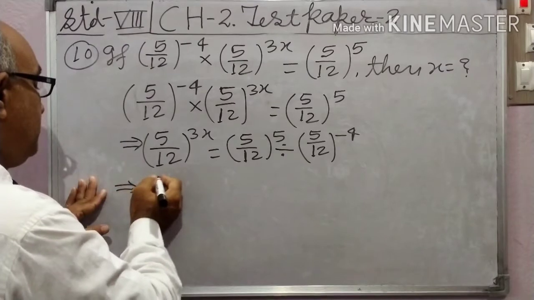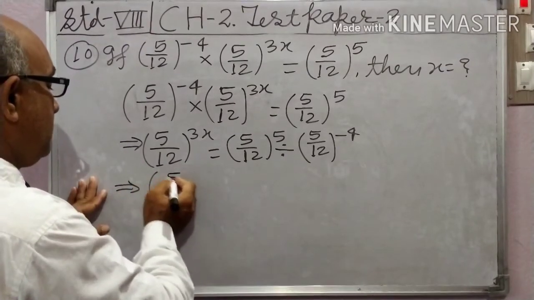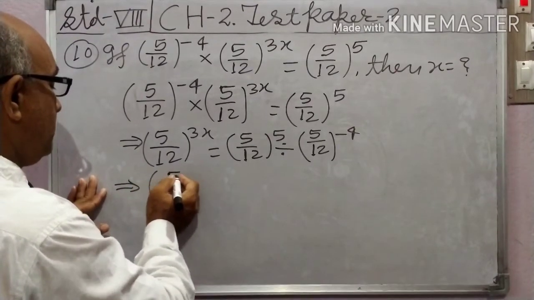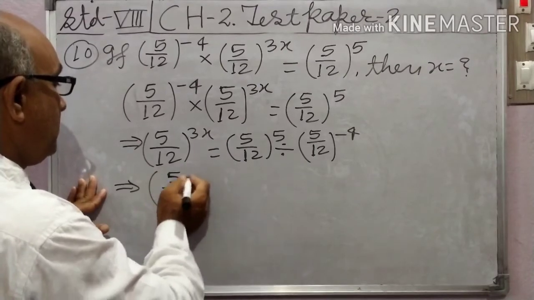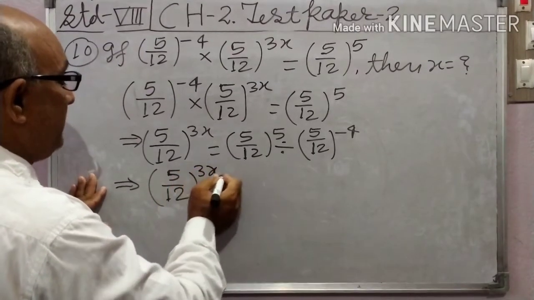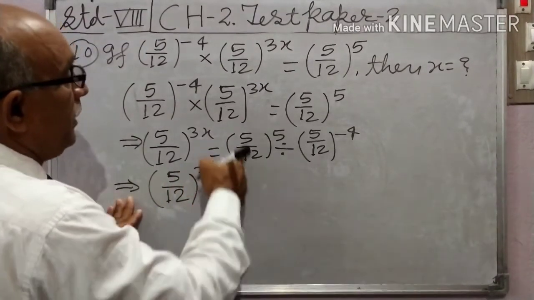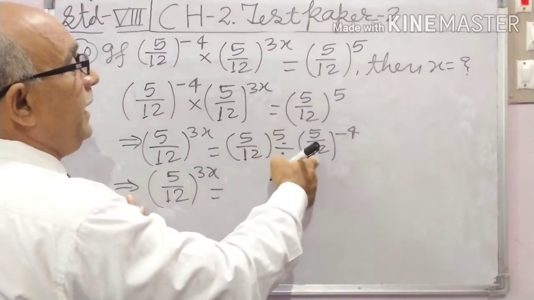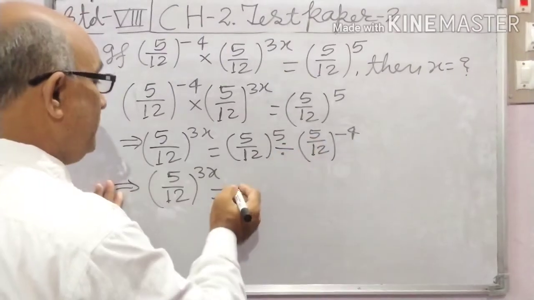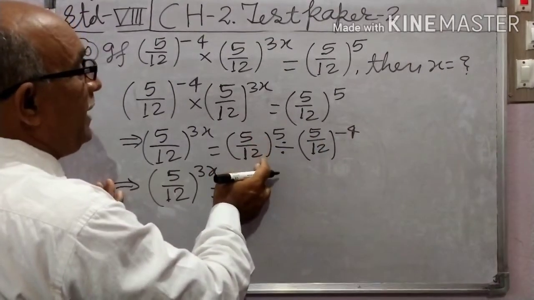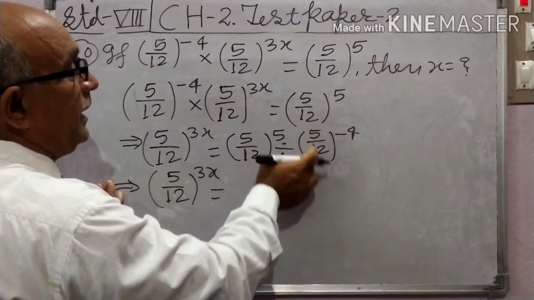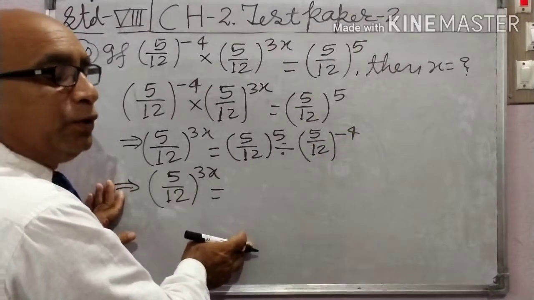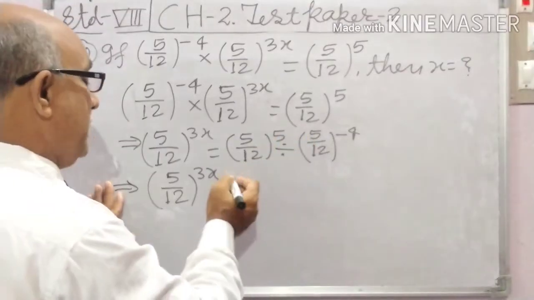Now 5/12 to the power 3x equals 5/12 to the power 5 divided by 5/12 to the power minus 4. a/b to the power m divided by a/b to the power n equals a/b to the power m minus n.